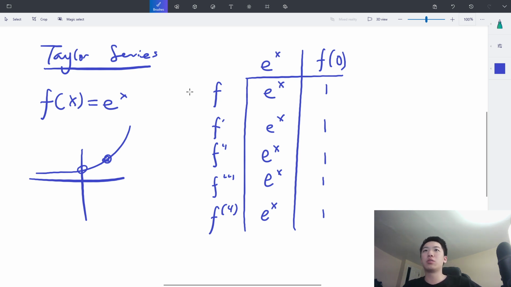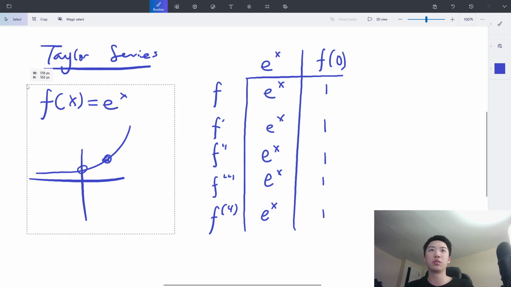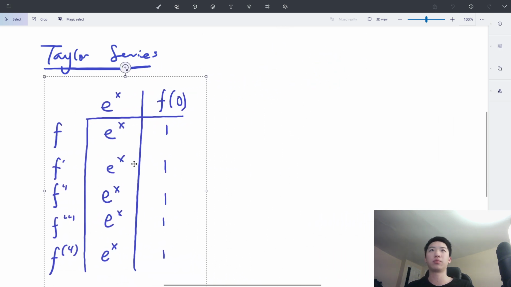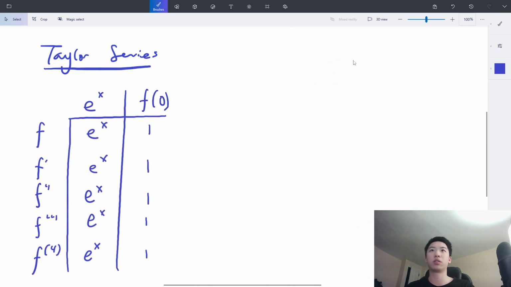Alright, so now that we have this, we can try to make a polynomial. So let me get rid of this. We can move our table down here. Alright, looks good. Okay, so our polynomial, we're going to start at the lowest order term, which is x to the 0. Now every polynomial you can write as, let's call it g.